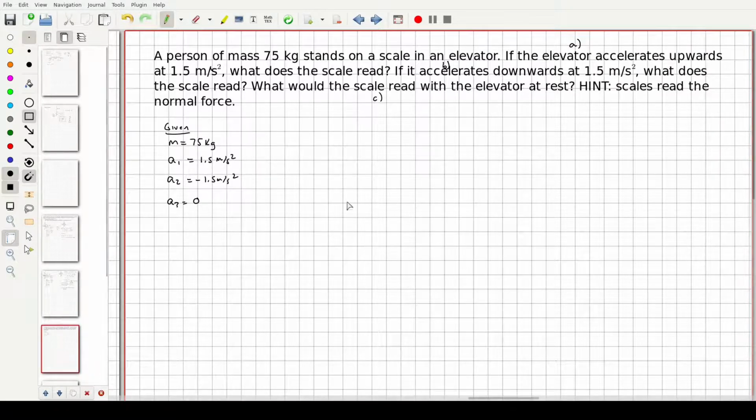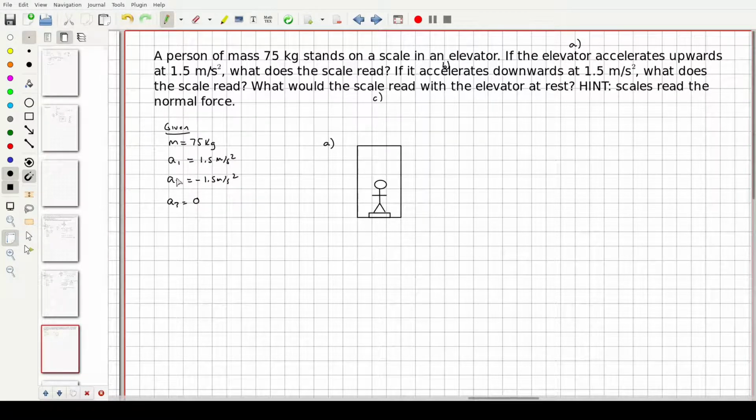So let's just look at part A. Here's our elevator, here's a scale on the bottom, and here's our person. There's some weird looking head right there.